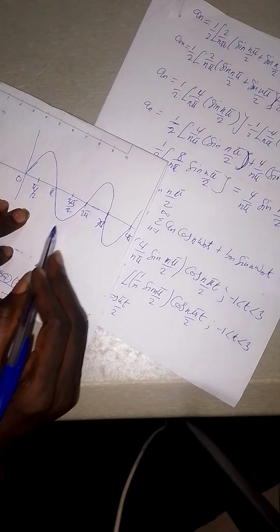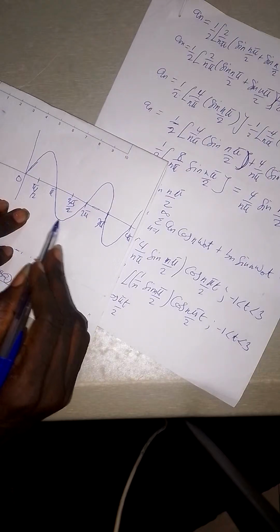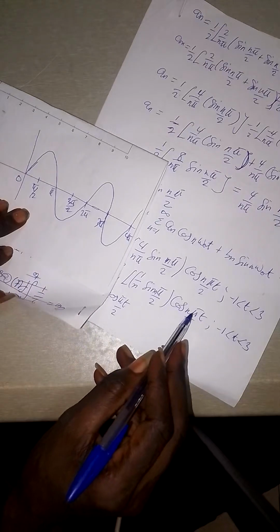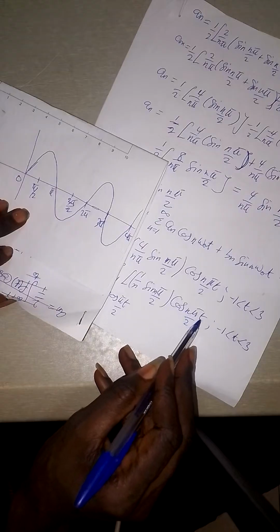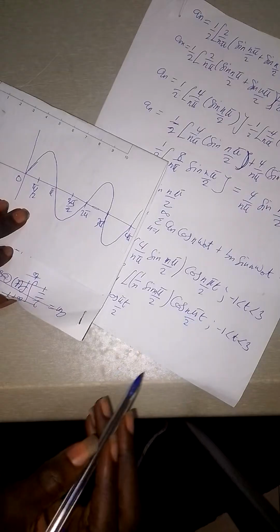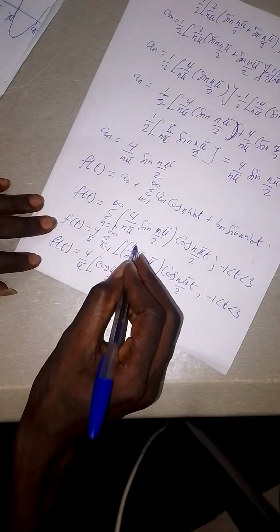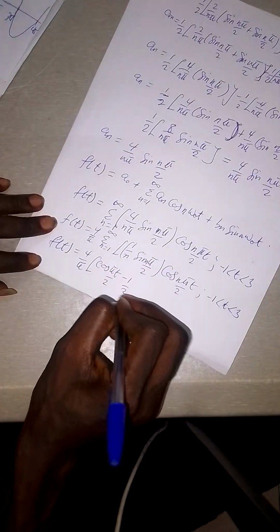So 3 pi on 2 will be here, and the value is minus 1. So minus 1 into cos 3 pi t over 2, and here will be 1 over 3, so I'll have minus 1 over 3.